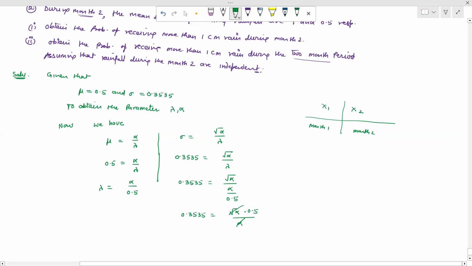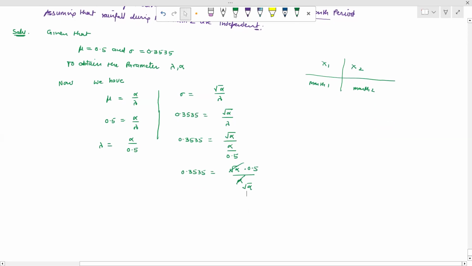So this root alpha cancels alpha, and we can write this as 0.3535 is equal to 0.5 upon root alpha. So what is the value of root alpha? The value of root alpha is equal to 0.5 upon 0.3535.